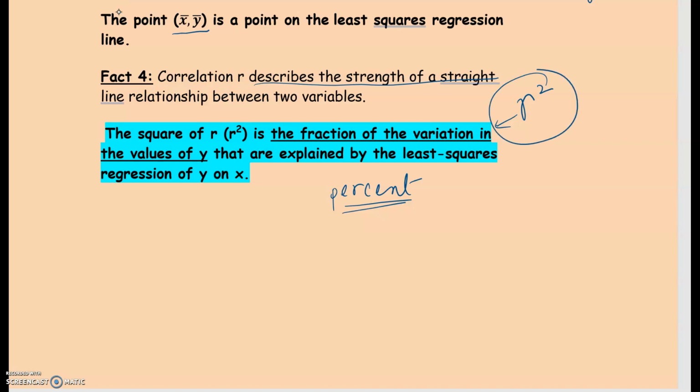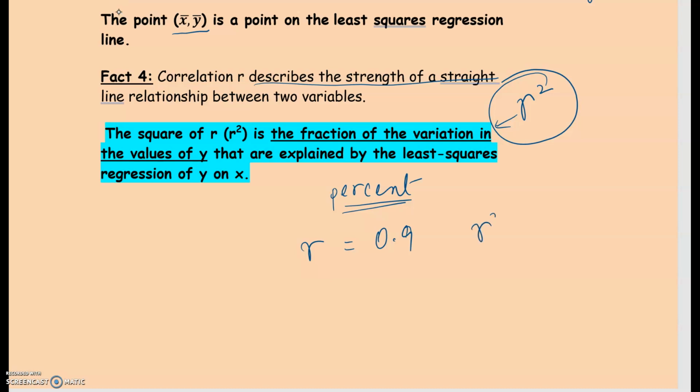So that's the definition of R squared. For example, if correlation is 0.9, then it's a very strong correlation, which means our regression line will give very good predictions of the response variable.